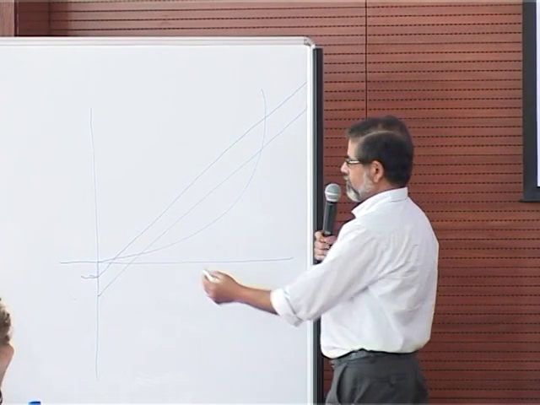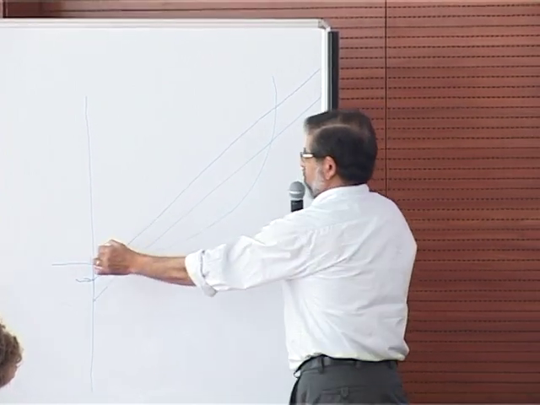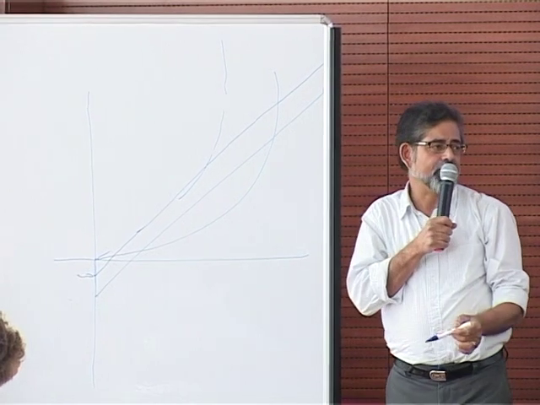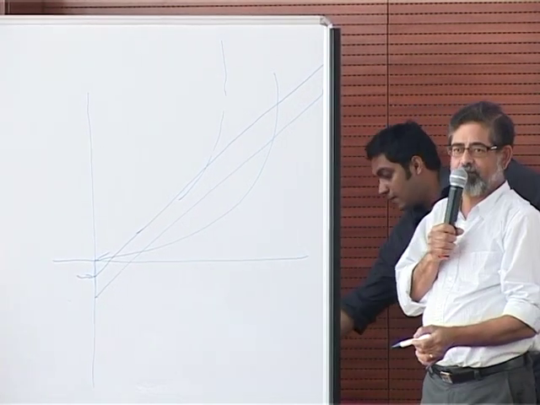And if the corruption opportunities increase, then the curve shifts up. If the moral costs decrease, the curve shifts up.